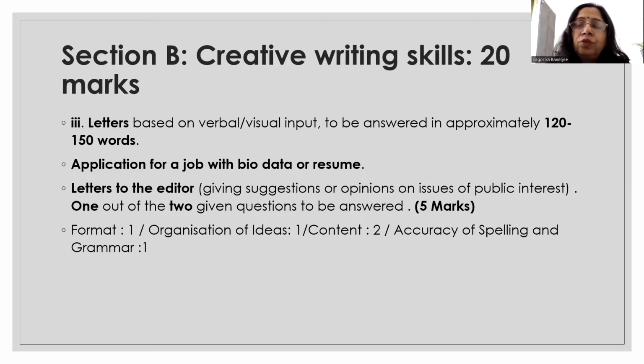Letters would be of 2 types. One will be a letter to the editor and the second one will be an application for a job or post. In the letter to the editor, you have to give suggestions and opinions on any social issues of public interest, whatever is asked in the question.